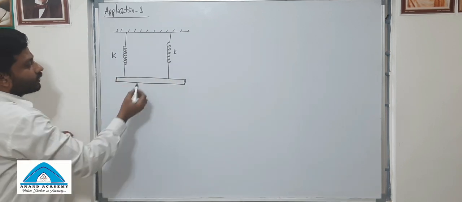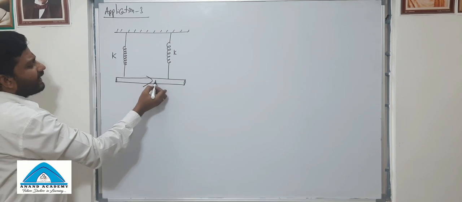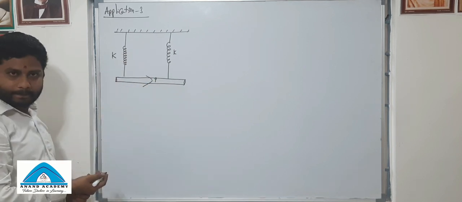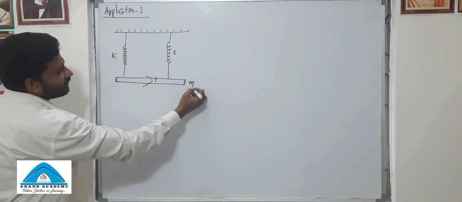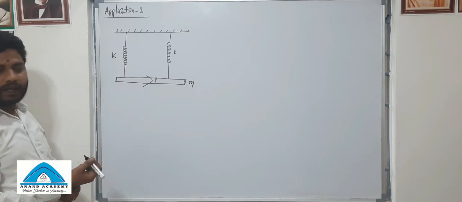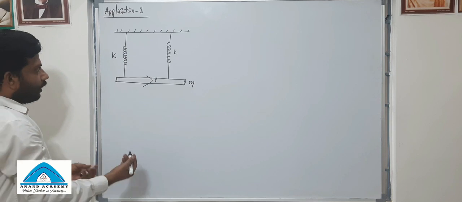Through this conductor, an amount of current I is flowing, and the mass of this conductor rod is M. I am writing everything.